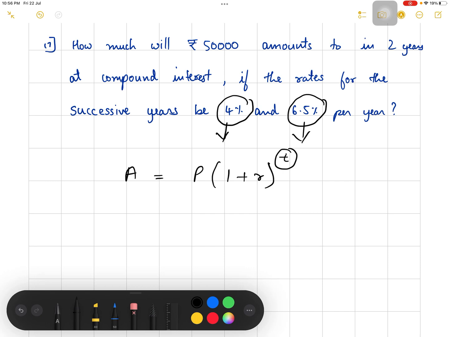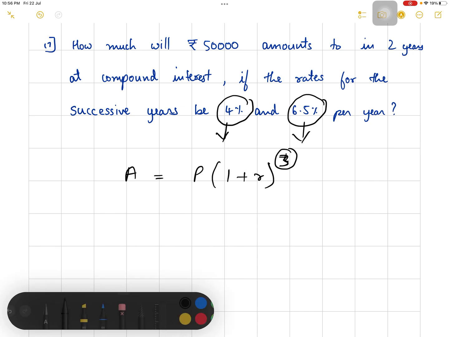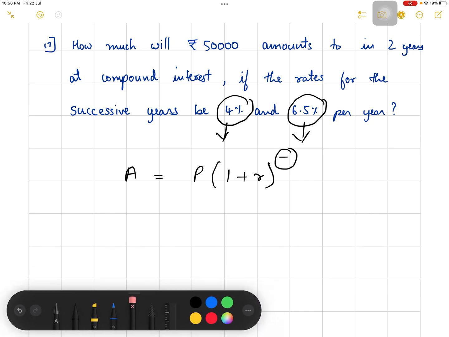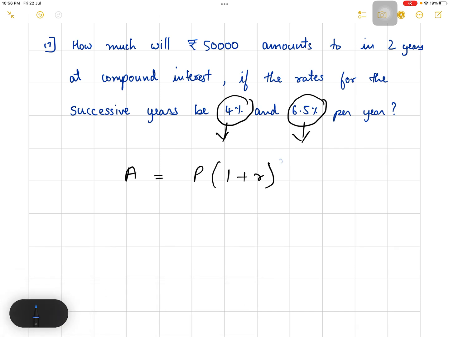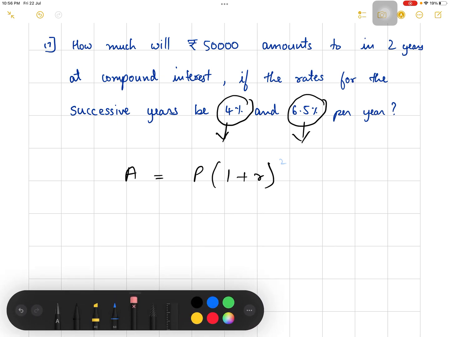T is the number of years, right? If the number of years is 3, then T is equal to 3. If it is 4, then T is equal to 4. If it is 2, then T is equal to 2.